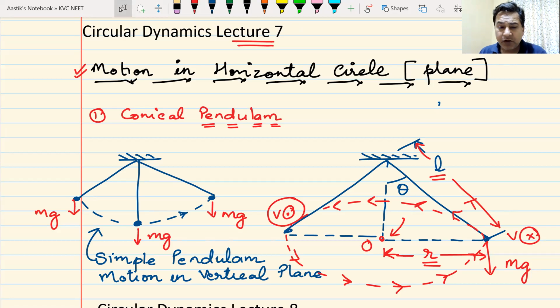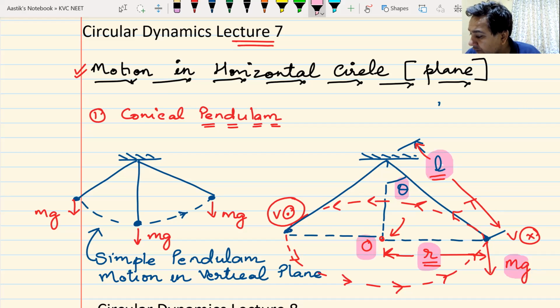There were a lot of quantities that we had seen in that, namely: the length of the string L, the angle theta that the string makes with the vertical, the center O, the radius R, the weight of the block downwards, mg, the velocity of the block, and the angular velocity of the block omega.